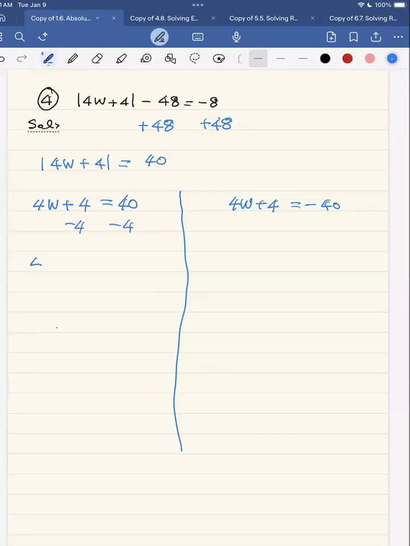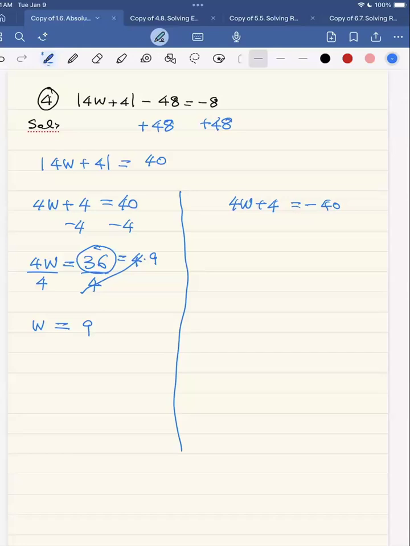Then we have 4w equals 36. Then we have to remove 4 in front of w, so we divide by 4 on both sides. Then that'll be w equals 9, because 36 is 4 times 9. The two will cancel each other.